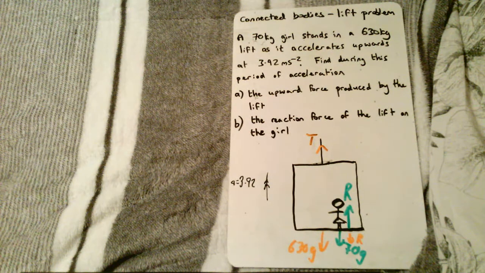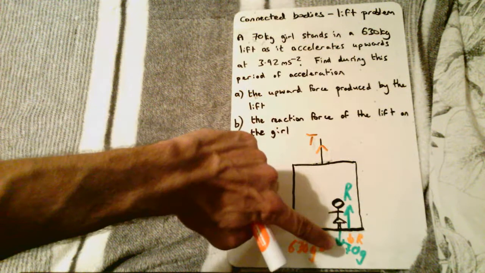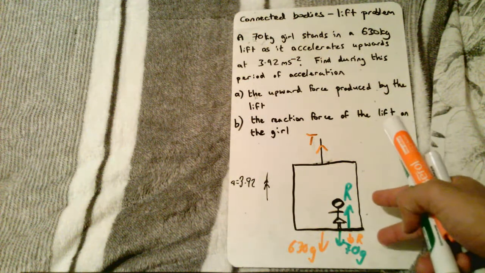If we think about this, the R here must be greater than the weight because that's making the girl move upwards. Now, this is, as we said, a connected bodies question. In our previous connected bodies question, we had the trailer with the two tensions cancelling out. In this case, there are two other forces that will cancel out, which are those two reaction forces.